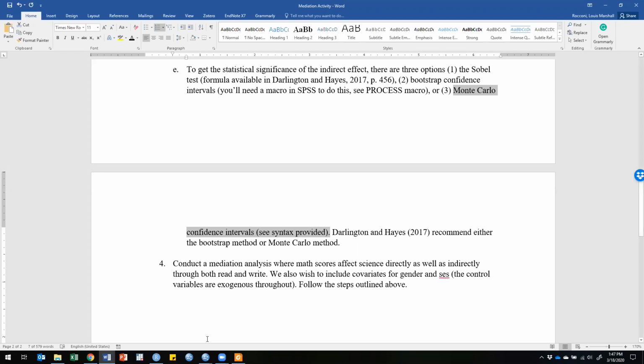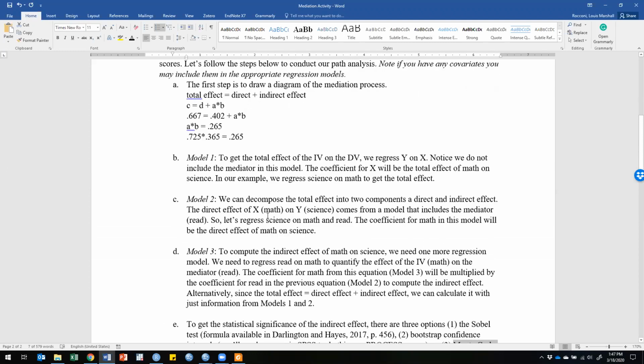And so we're using the rule here that the indirect effect is equal to the product of the direct effect of math on reading, and then the direct effect of reading on science achievement. So we would sample from a distribution with a mean equal to the regression coefficient here, and a variance equal to the standard error of that distribution, and the same thing here.